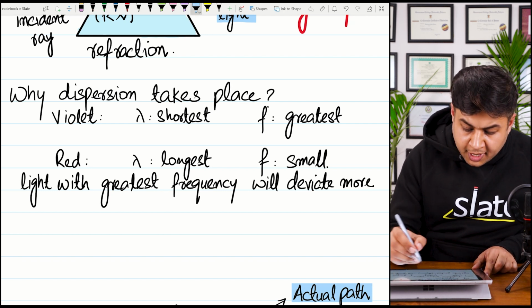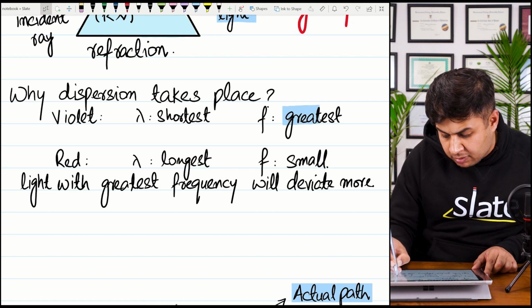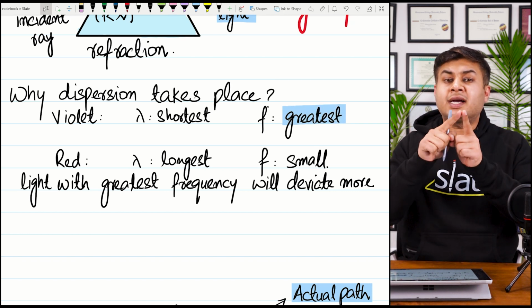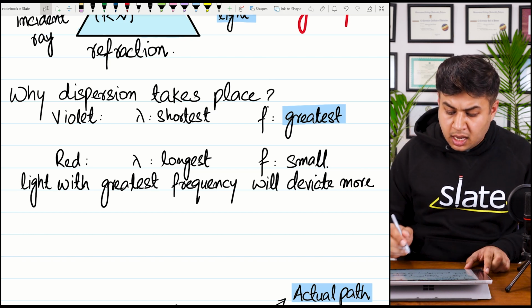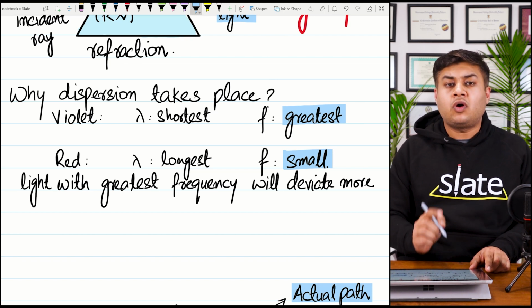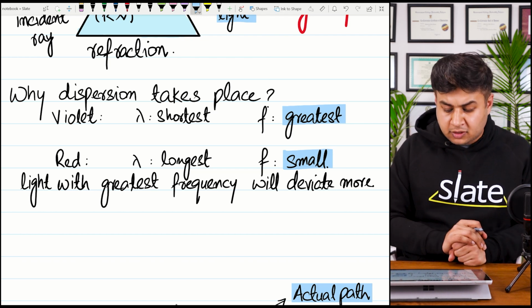So the direction of violet will change the most because it has the greatest frequency. So the angle of deviation would be maximum for violet and minimum for the red light because red has the minimum frequency out of all seven components of light.